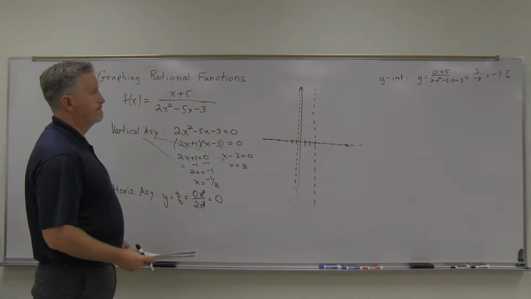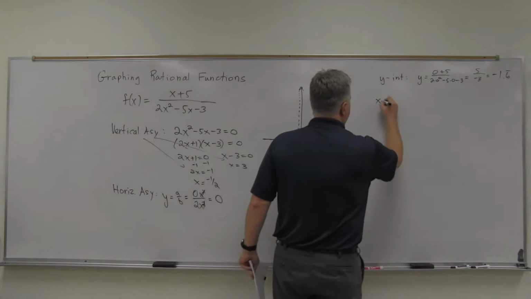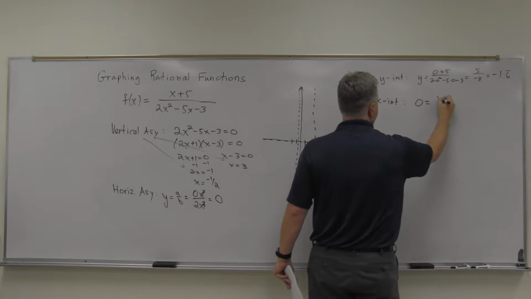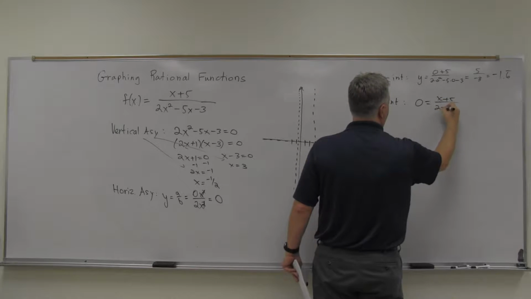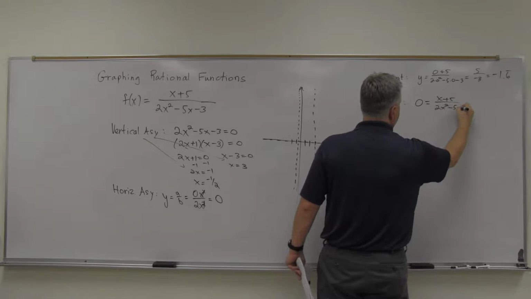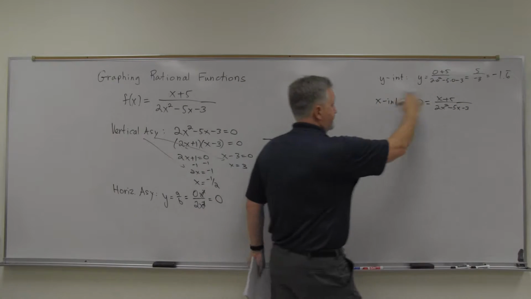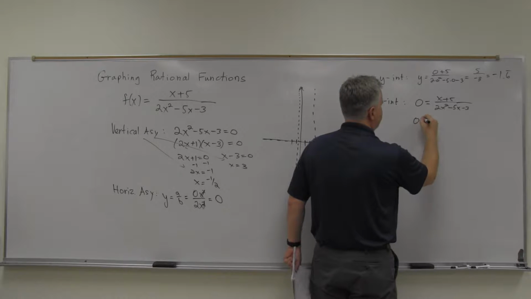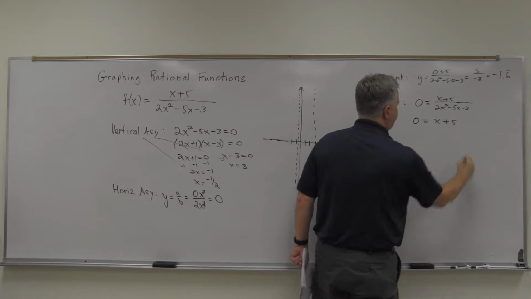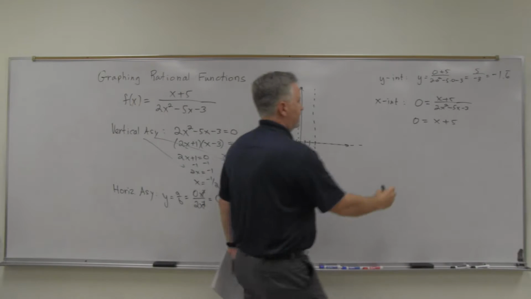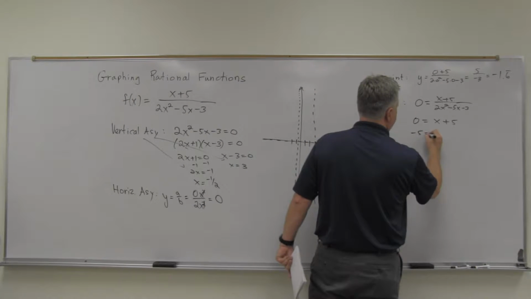Right? What about the x-intercept? Well, the x-intercept, the y is 0, or f of x is 0. But that's really not that bad because multiply both sides by 2x squared minus 5x plus 3. It's just x plus 5 equals 0. So x is negative 5.